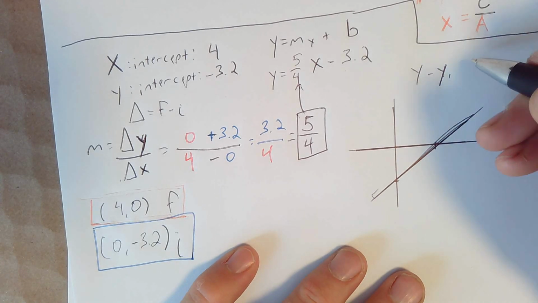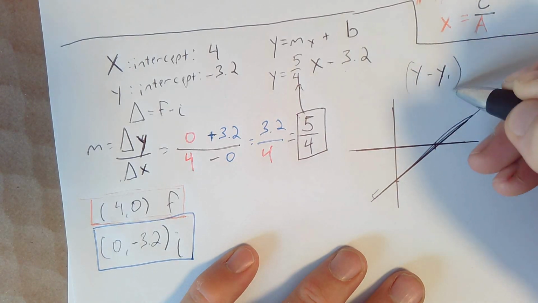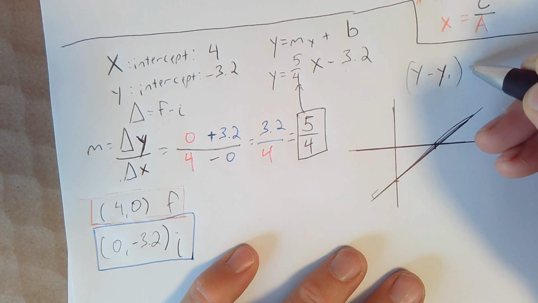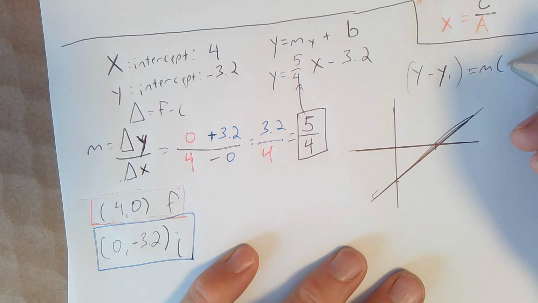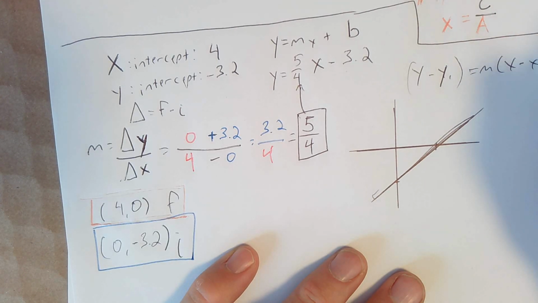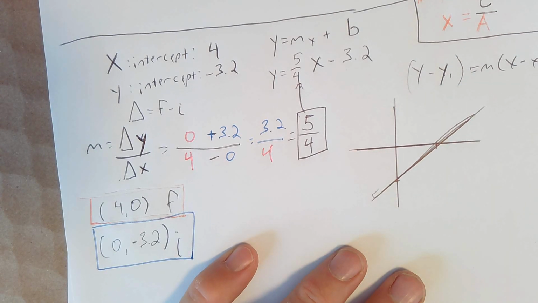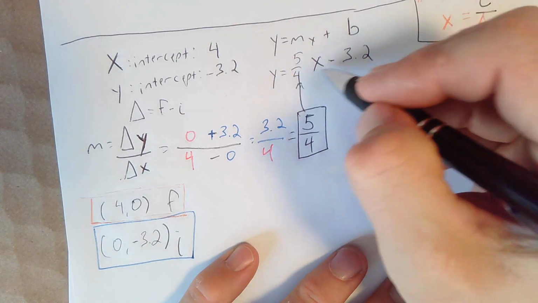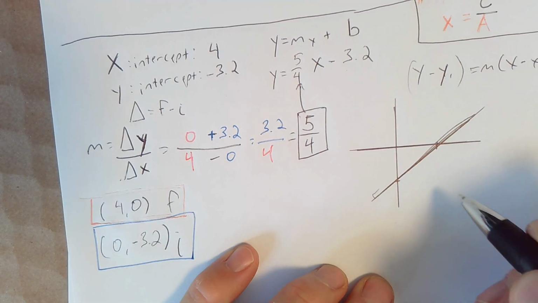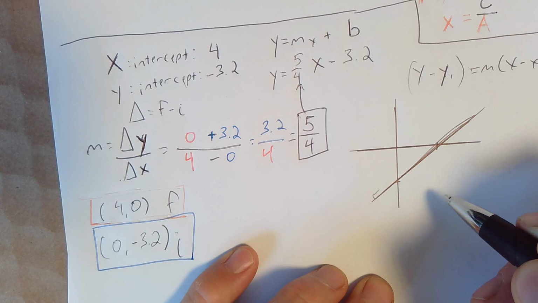Okay. Equals m times x minus x, so any one of those points. Okay, so let's go ahead and get rid of the 4 first. So we're going to multiply everything in this function by 4.